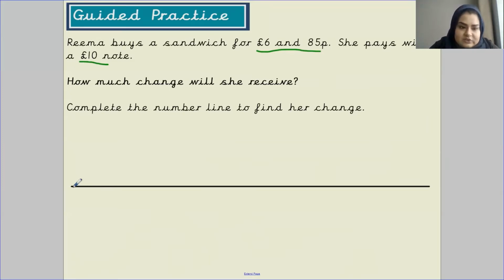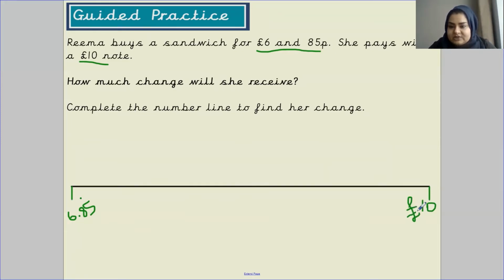So using your knowledge from yesterday, I want you to start your number line off from £6.85, okay? Because that is how much her sandwich was, but she paid £10, so she used more money than what the sandwich was worth, which means she should get money back.